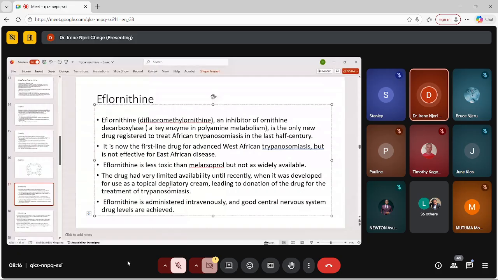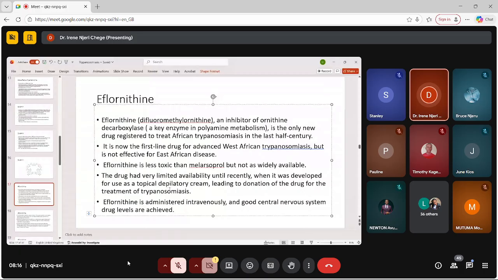Now we've been mentioning melarsoprol for quite a while. We've just said we can use melarsoprol together with eflornithine. What is this melarsoprol? You said the melarsoprol is for late stage disease.